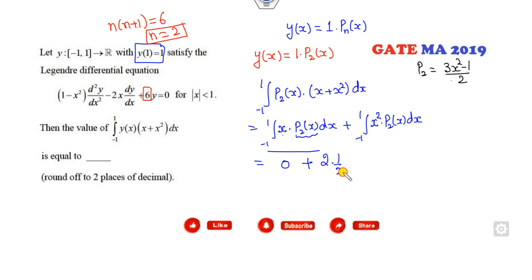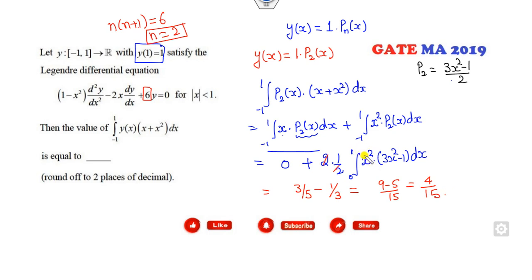So I can take 1 over 2 outside: integral from 0 to 1 of x²(3x² - 1). Now that's over, it will be cancelled out by 1. What is the integration of this? 3x to the power 5 over 5, so 3 over 5, and x cubed is 1 over 3. So what is that? (9 - 5)/15. So 4 divided by 15 is the right answer of this problem.